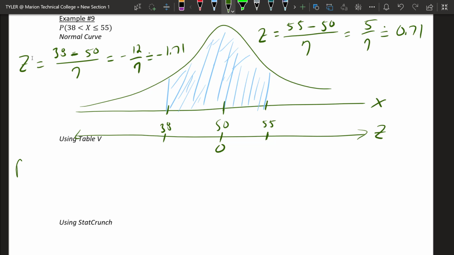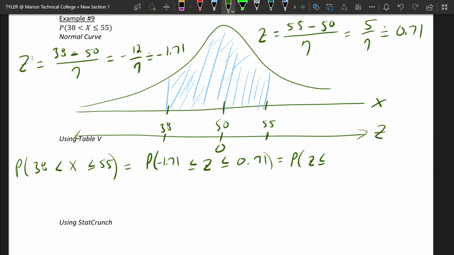So what we have is that the probability that x is in between 38 and 55 is going to be equal to the probability that z is in between negative 1.71 and 0.71. And then we have to do our little trick here that we did with the z-scores. Remember what the trick is: we find the area to the left of the bigger value minus the probability to the left of the smaller value.